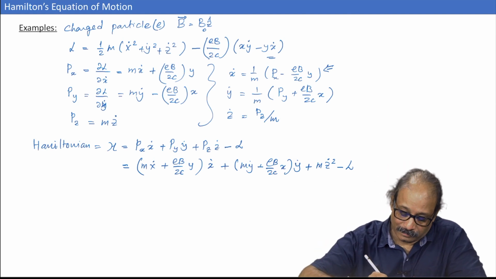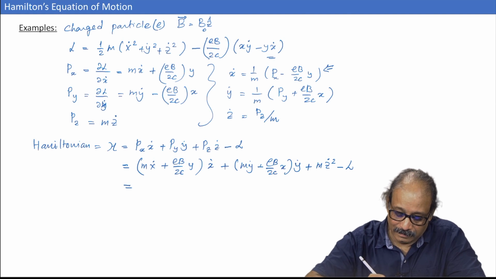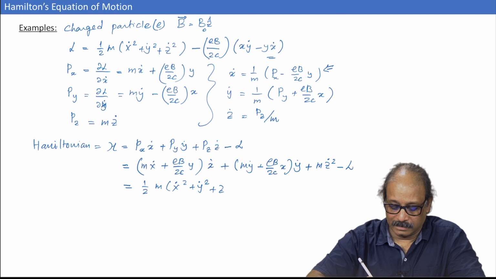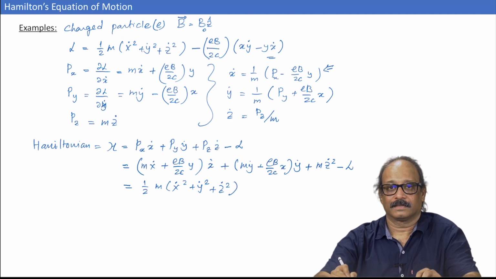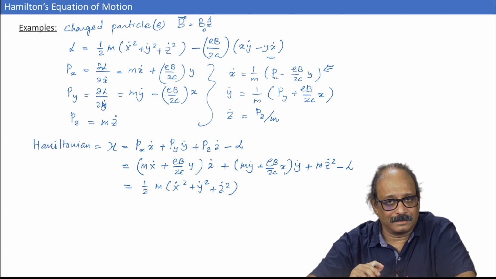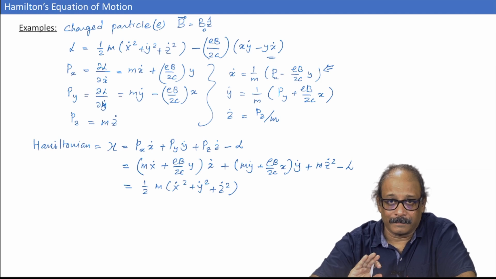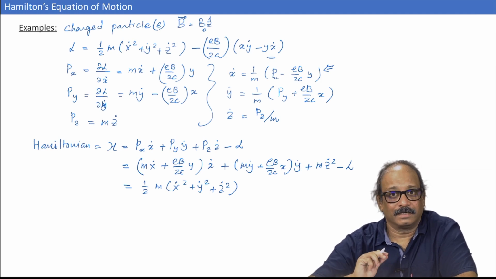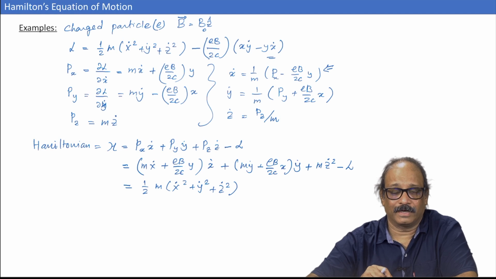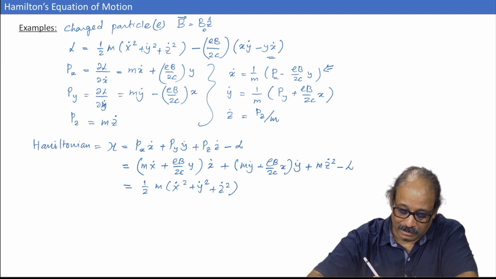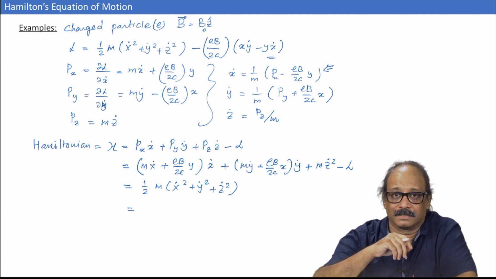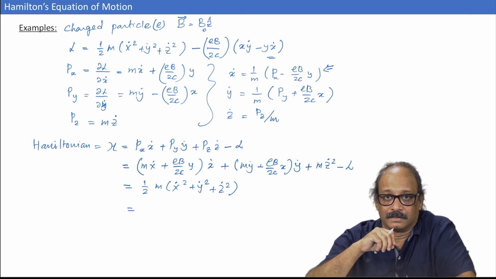So, simplify this and you would get half m times (x dot square plus y dot square plus z dot square). This actually simplifies quickly, but I should not leave my answer in this form. Of course, the Hamiltonian must be expressed in terms of generalized coordinates and momenta.